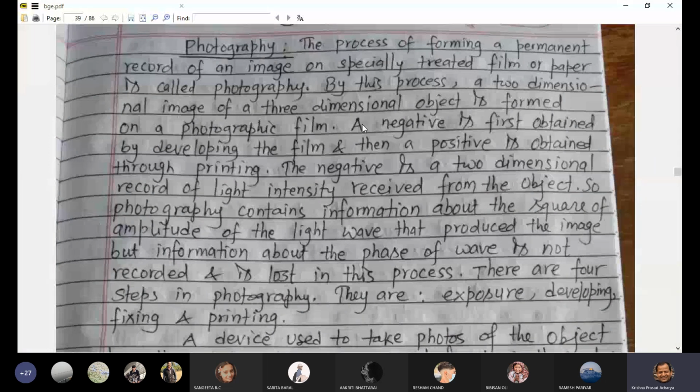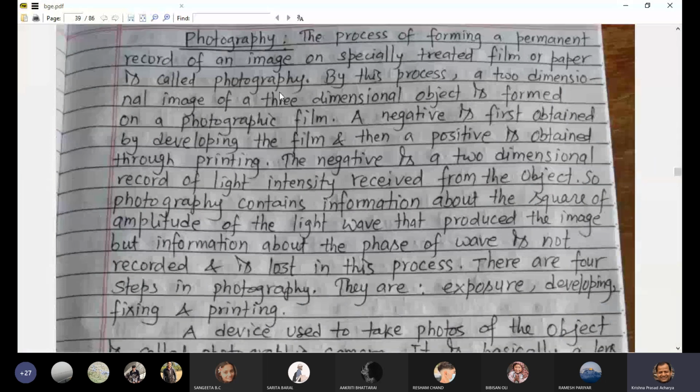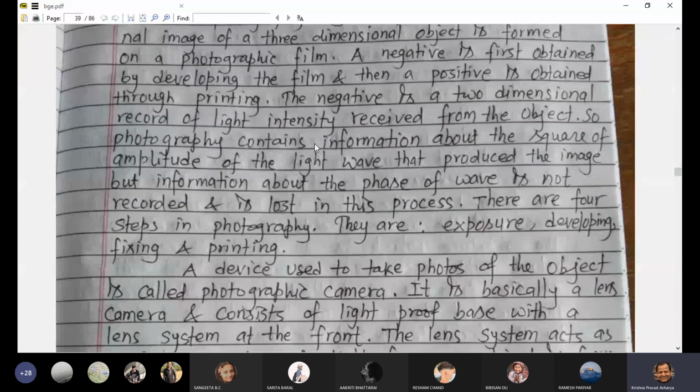First of all you should take a negative by developing the film, and then a positive is obtained through the printing. And the negative is a 2-dimensional record of intensity of light received from the object. अब यहाँ फोटो खिच्दाखेरि अब्जेक्टबाट लाइट आउँछ र त्यसको लाइटको इन्टेन्सिटी एब्जर्भ गरिन्छ.